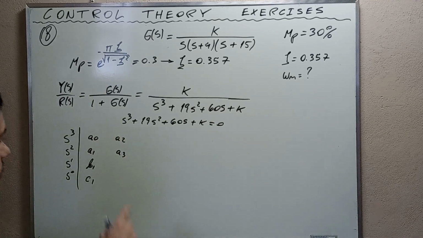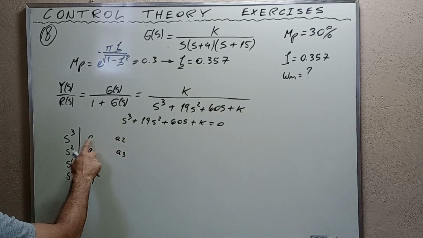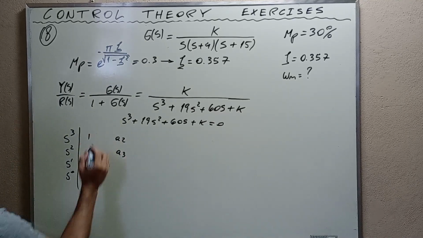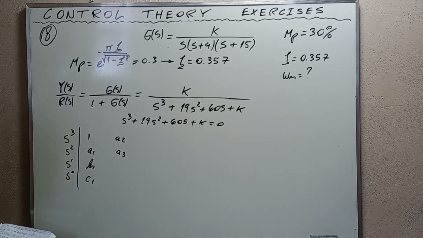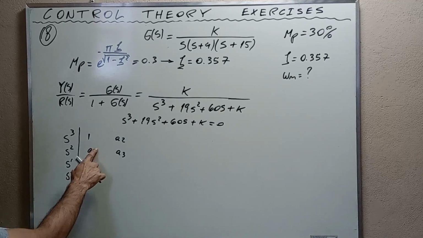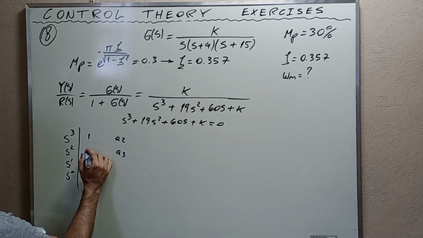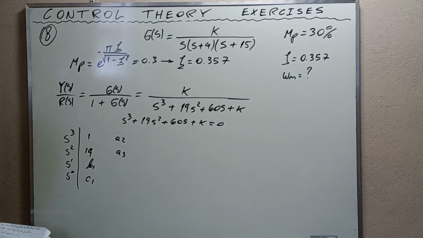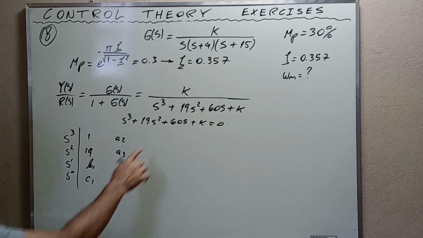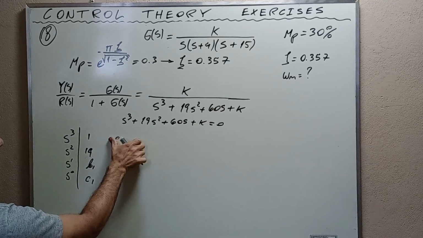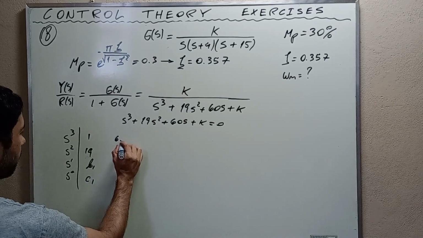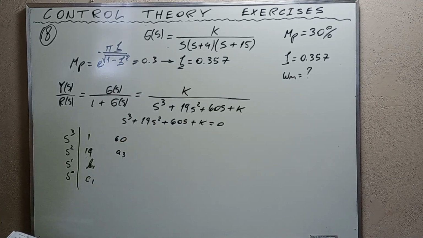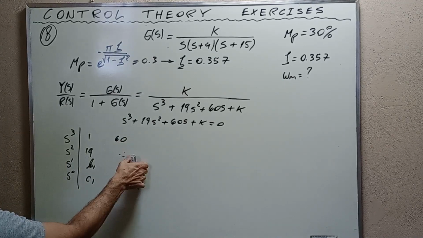Let's substitute. a0 here is 1. How about a1? a1 is 19. a2 is 60. Let's go substituting. And a3 is K.